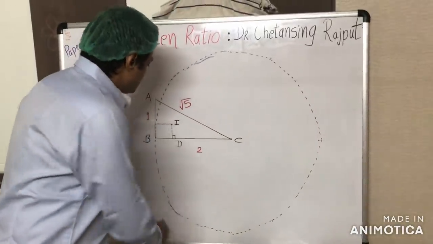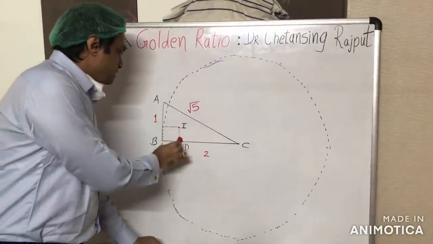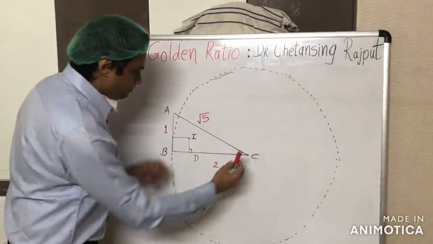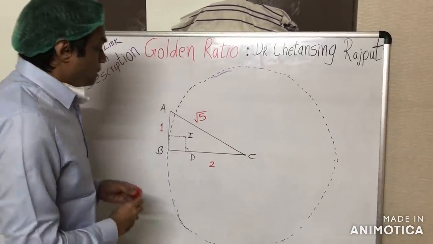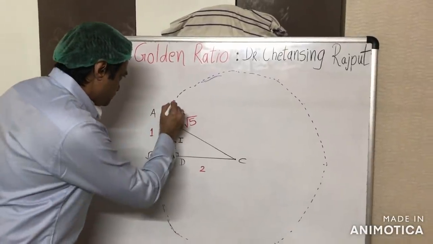Now consider this inradius ID which is perpendicular to side BC. Let us extend this inradius like this.